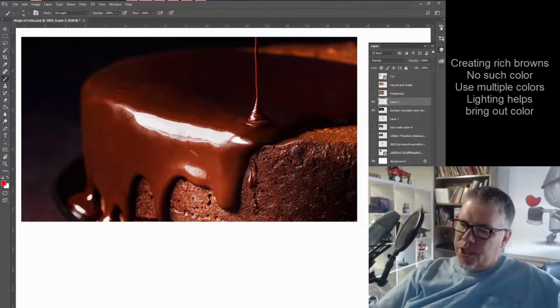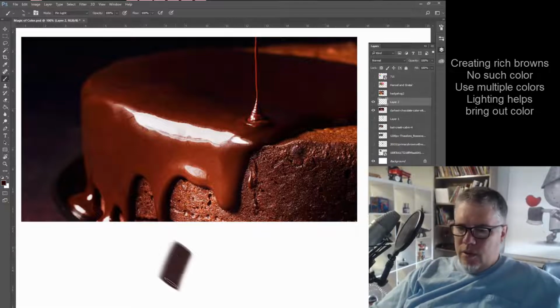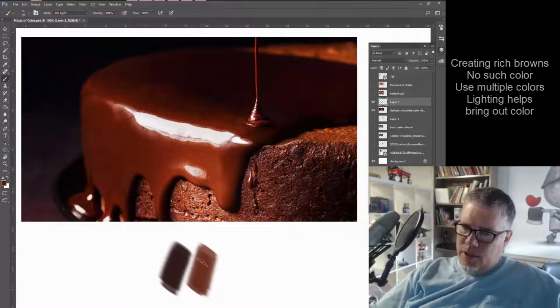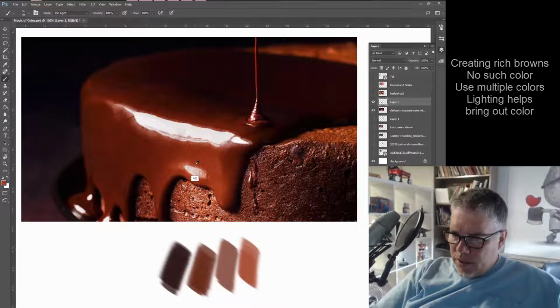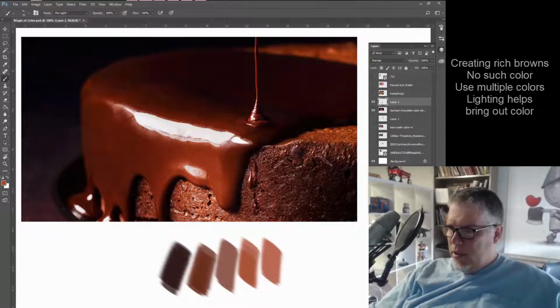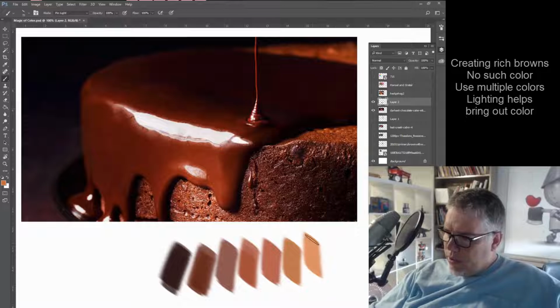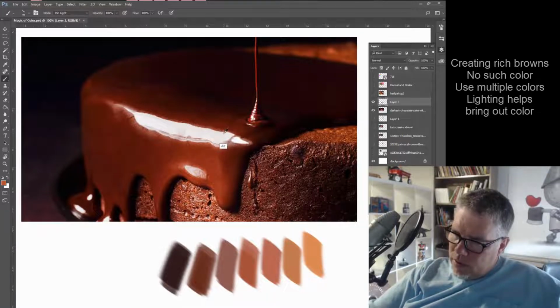Again, making colors look rich. I used to have a hard time painting chocolate. I love chocolate. I apologize if this is going to trigger some of you, but actually I don't apologize. These are the colors we're looking at to get these rich browns, and then the highlights being in the right place.